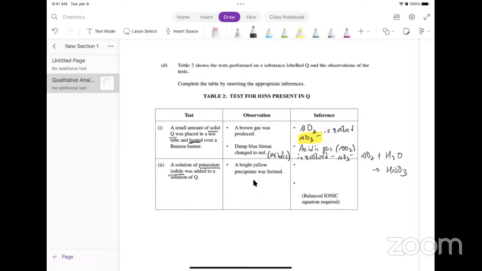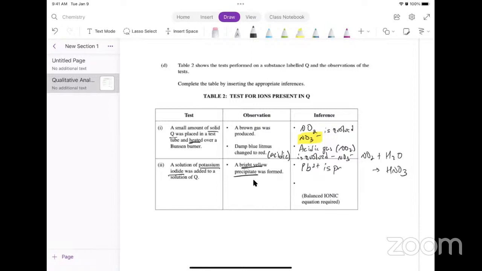Now it wouldn't be iodine, because iodine forms a pale yellow precipitate. So it's not anything to do with non-metals. But because we're adding potassium iodide, it therefore means that lead will have to be present, because it's a bright yellow precipitate on adding potassium iodide.